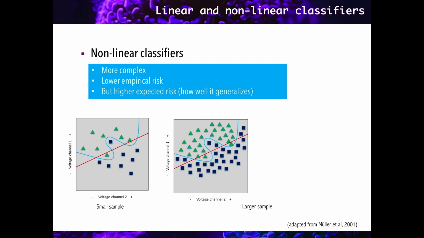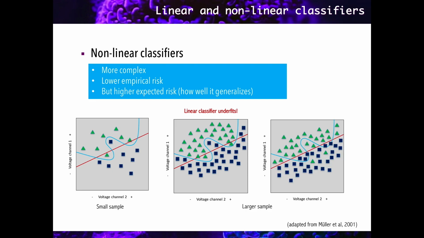For instance, in this case, if the nonlinear classifier model is correct, the alternative model will be underfitting. However, if the linear model is more accurate, the nonlinear model will overfit. Okay? But the question is, which model should we use?